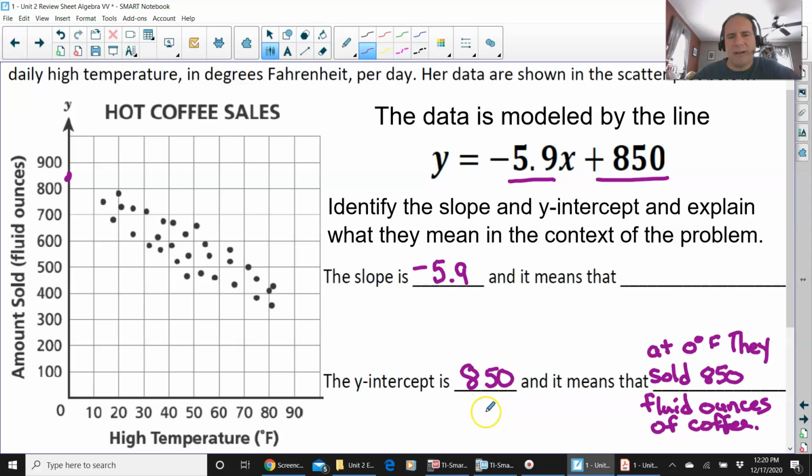That is the starting amount. This is the initial value.